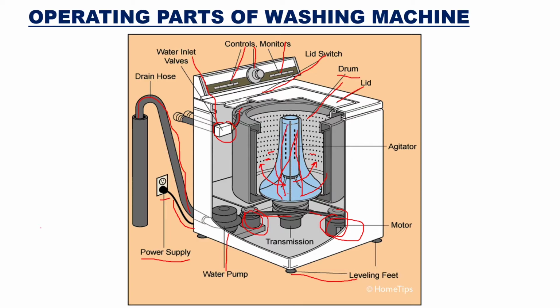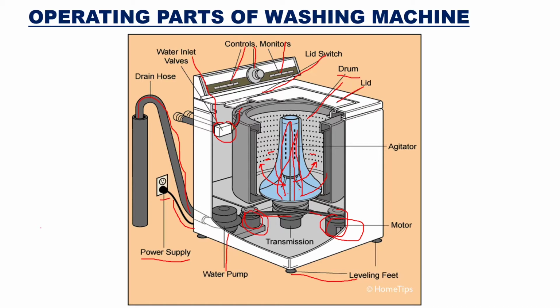This complete part is your agitator. This agitator will see that the clothes along with water, soapy water mixed with detergent, are rotating clockwise and anti-clockwise, turn by turn. That mechanism goes on so that a washing mechanism takes place where the clothes become clean.